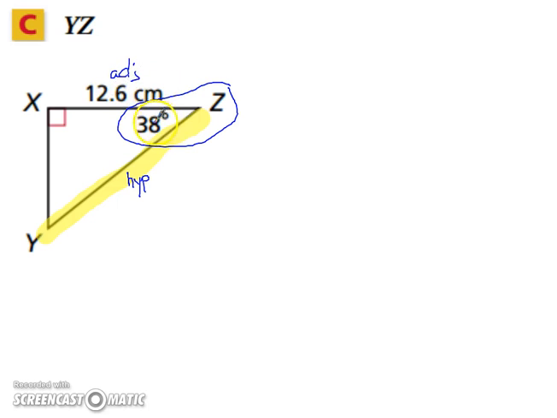So we're looking for the trig ratio that deals with adjacent and hypotenuse, and that would be cosine. So we have the cosine of 38 degrees equals the adjacent, which is 12.6, over your hypotenuse. We want to get x by itself, but first we've got to get it out of the denominator, so we're going to multiply both sides by x.